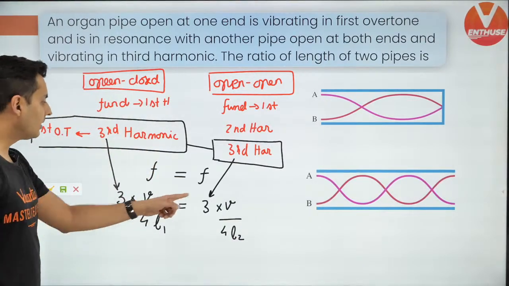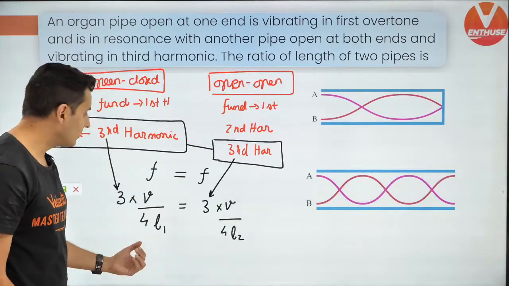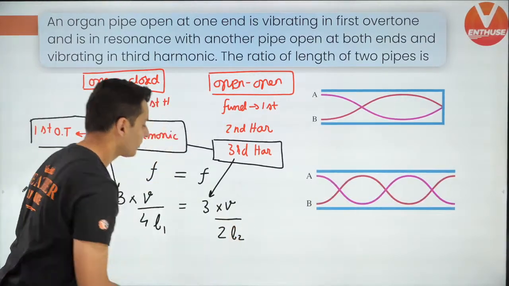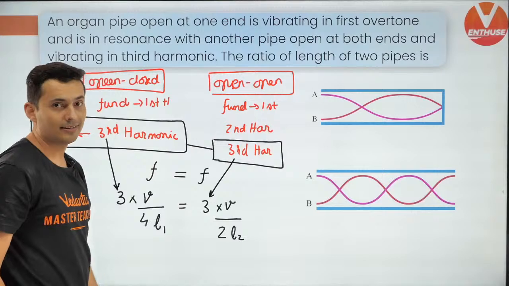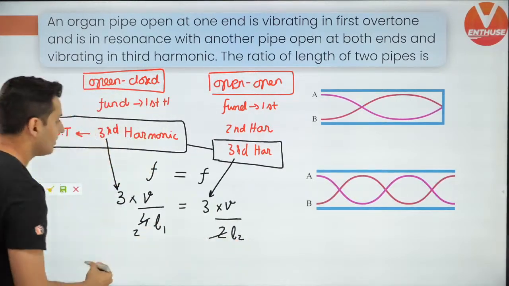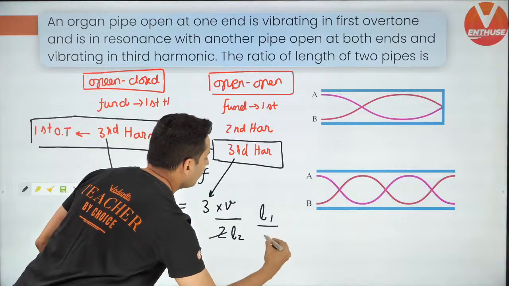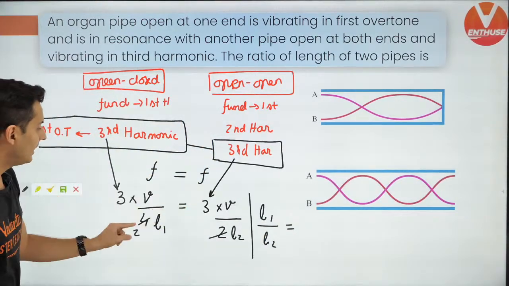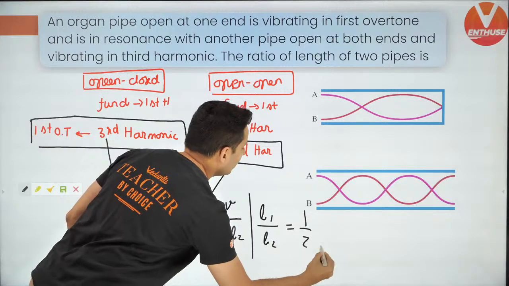Oops, this was not 4, my bad. This is 2 because it is open at both ends. So 3 goes, velocity of sound cancels, and this 4 also cancels with the 2, and therefore I'll get L1 divided by L2. How much is L1 divided by L2 going to be? It's going to be 1 by 2. That's the answer.